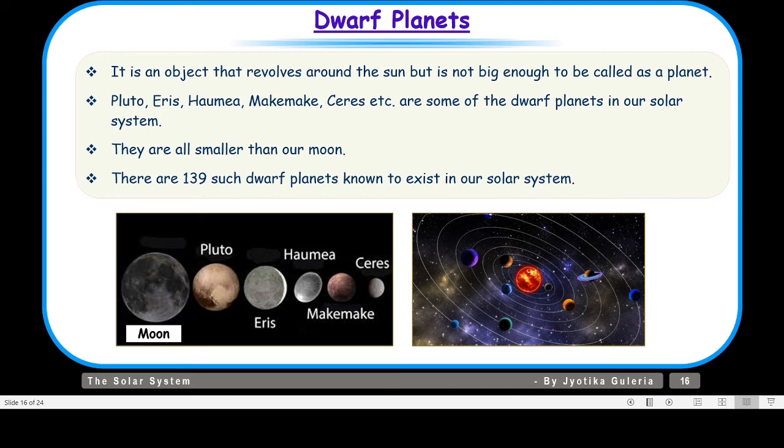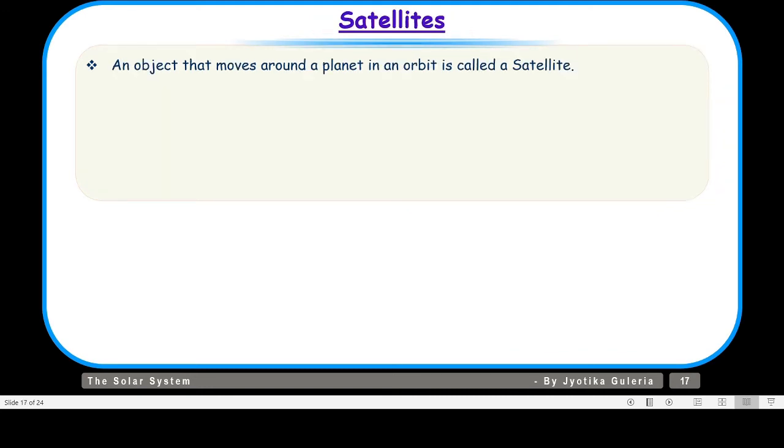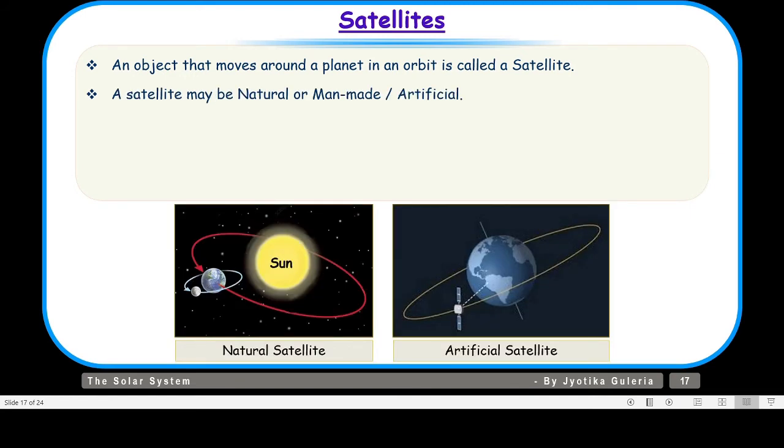So with this, we'll move on to the next topic, the moons, also called satellites. An object that moves around a planet in an orbit is called a satellite. A satellite may be natural or man-made, which is also called artificial.